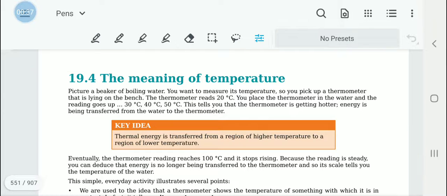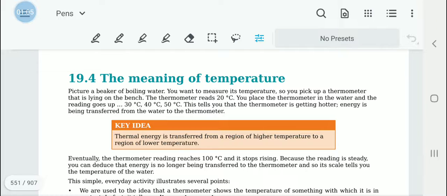In that sense, you know that temperature is measured by the transfer of thermal energy. If it is a liquid in glass thermometer, the liquid expands because the thermal energy is transferred from whatever the liquid or the gas or whatever it is that you measure the temperature of.